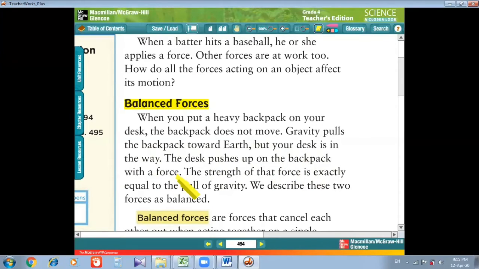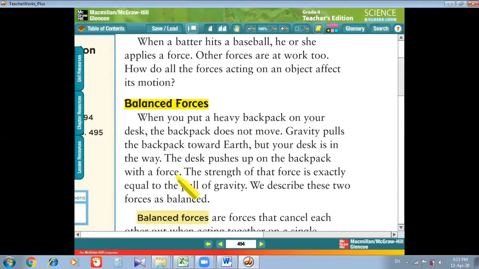The backpack is pulled towards the ground because of the force of gravity. Now the desk is in between. The desk will exert some force on the backpack in an upward direction.